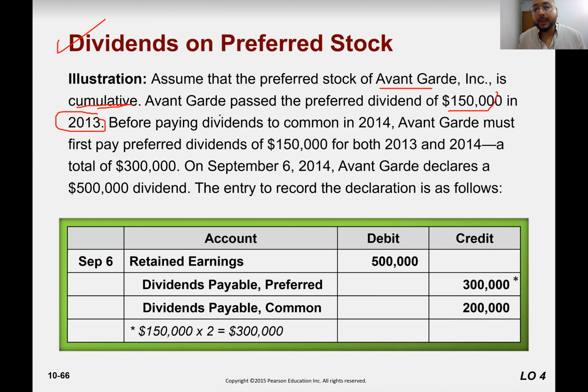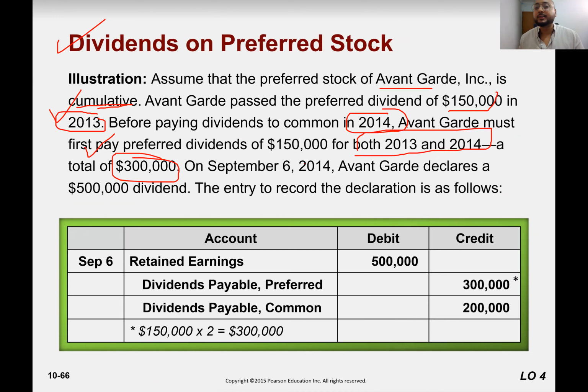So before paying dividend to common stock in 2014, Event must first pay dividend for both 2013 and 2014. So it means they have to pay dividend of 2013 plus 2014. So the preferred dividend is going to be 300,000, right?